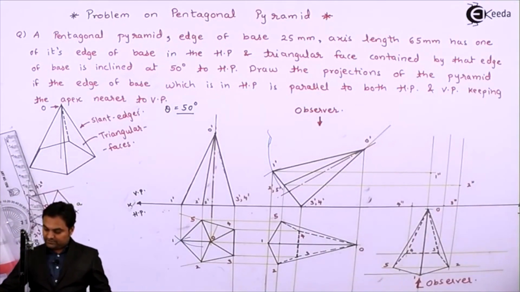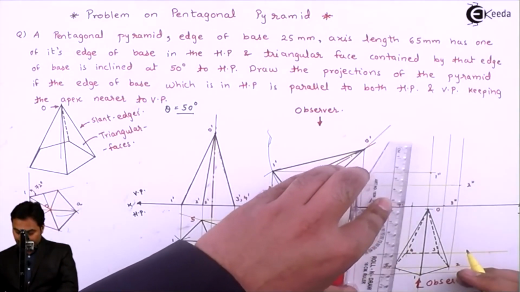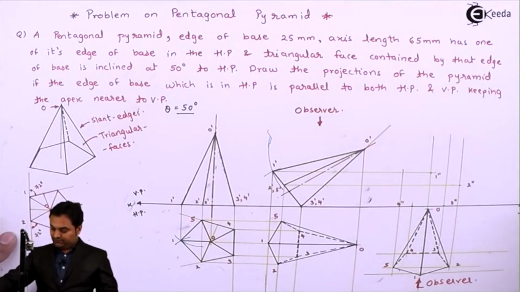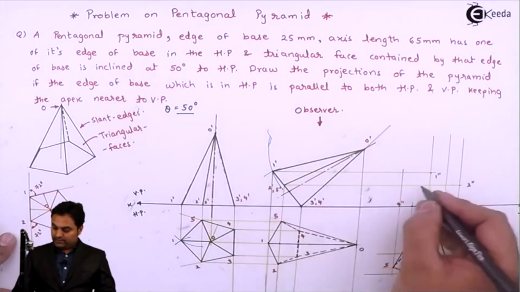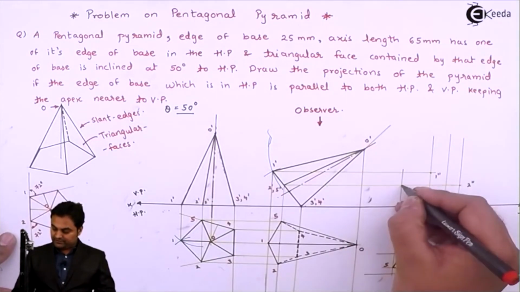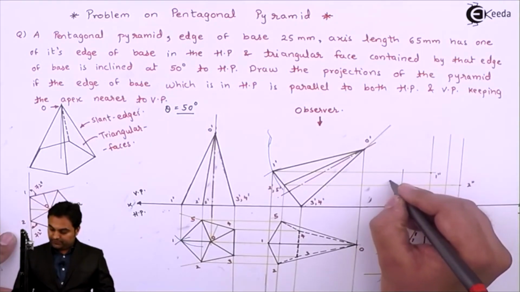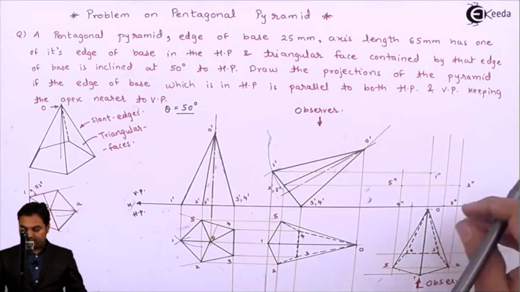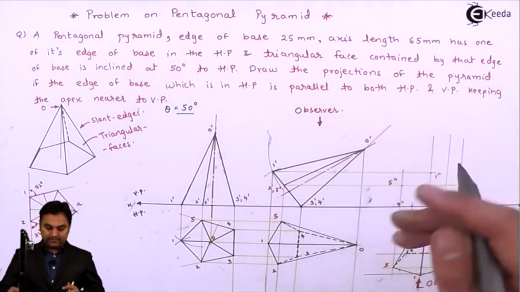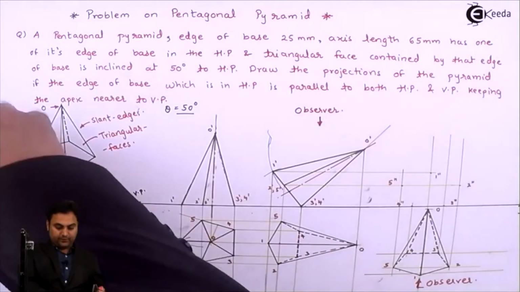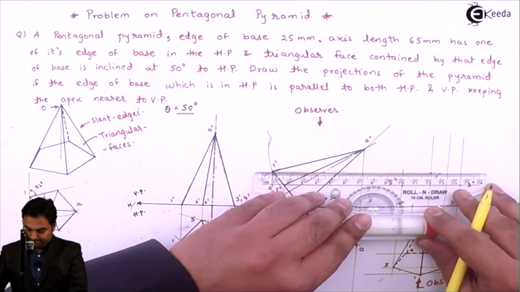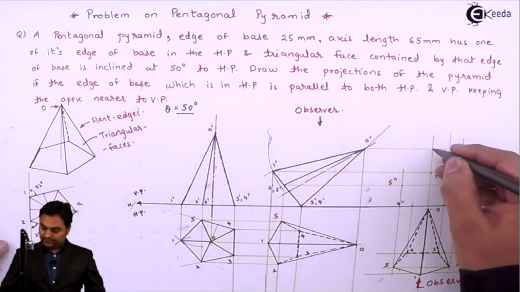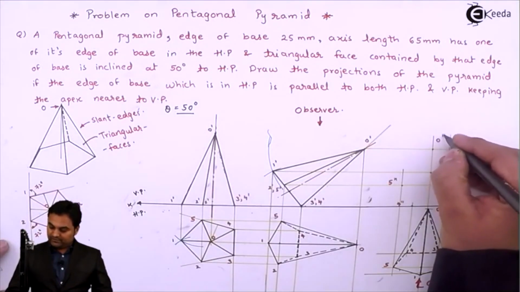Point 4 double dash. Next point 5. So here point 5 from top view and 5 dash from front view where they intersect, that gives me the point 5 double dash. Then at last apex is left, so apex is there on this same line. I need to get it from the front view. So here I am getting the apex, O double dash.